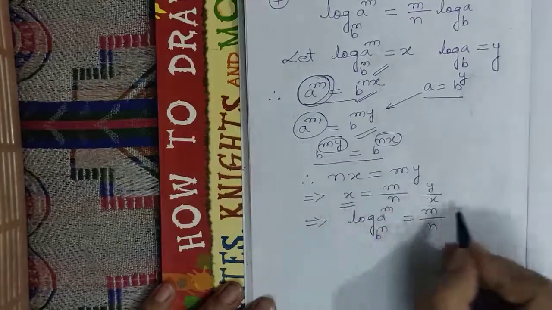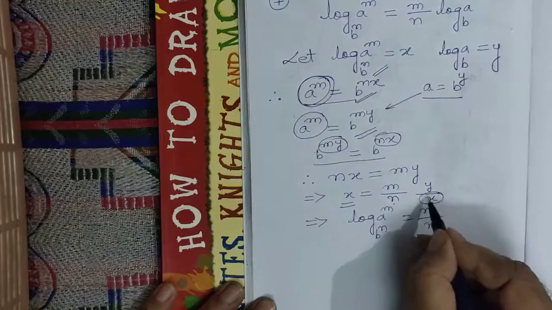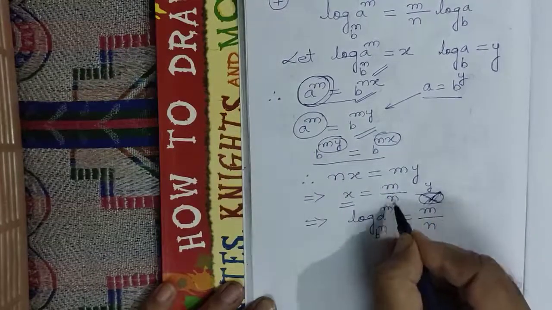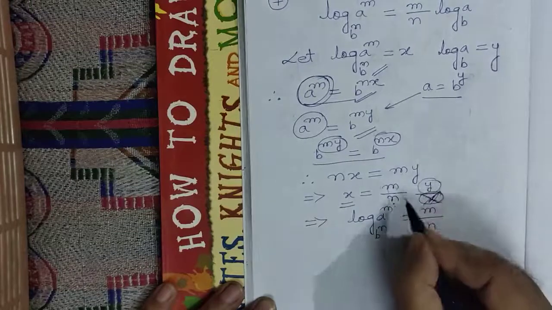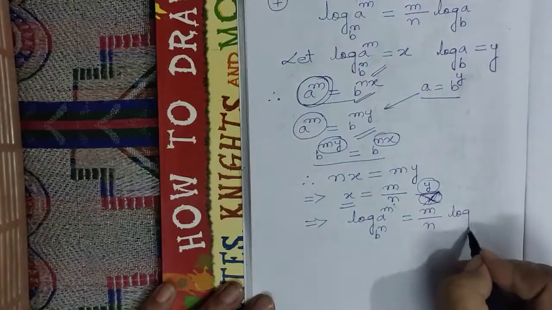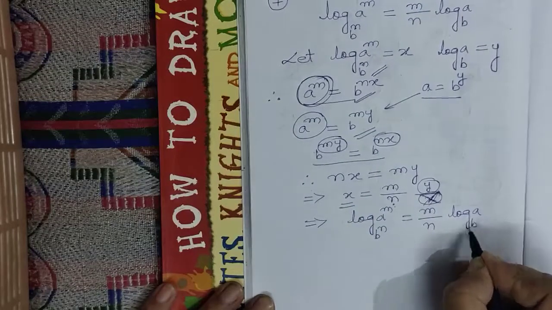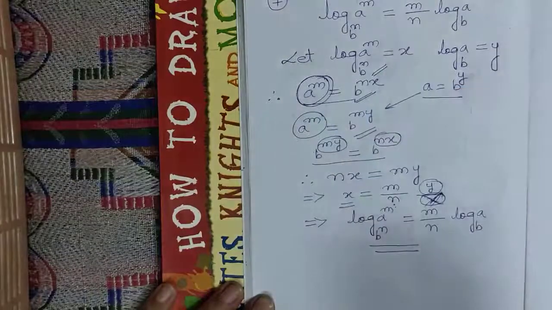Oh, here I have made a mistake. This x will be equal to m by n into y. This part I have wrongly written. It is m by n into y. In place of y, just replace the value of y. It will be equal to m by n log a base b. That's it. So this proves the above property.